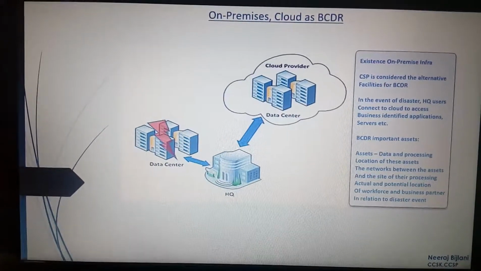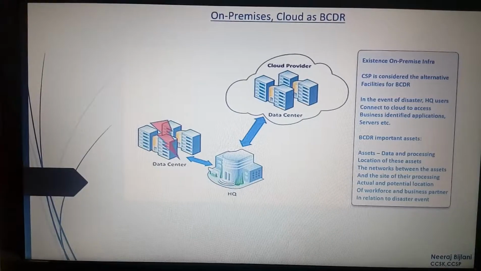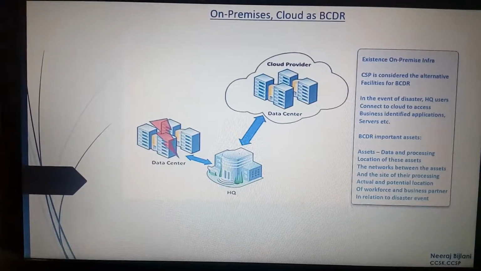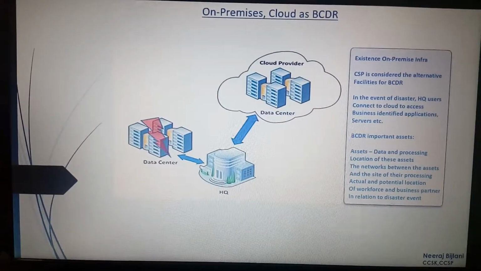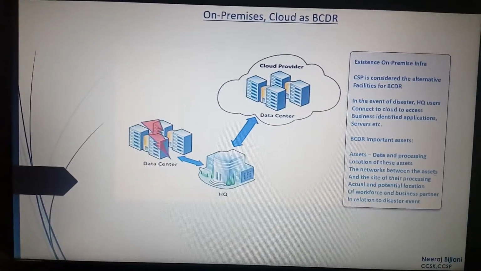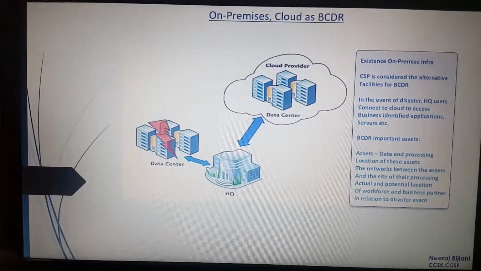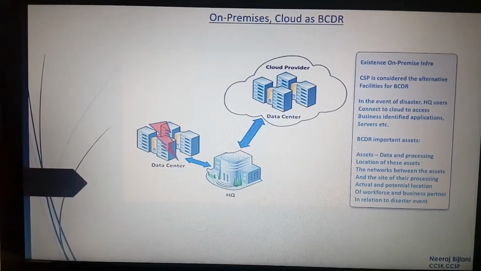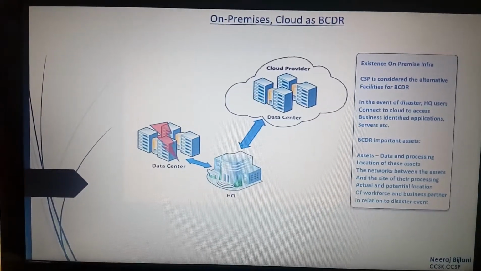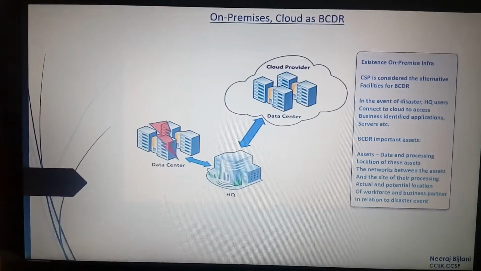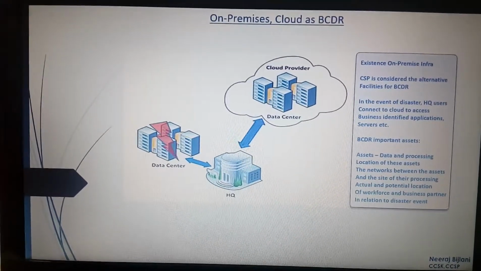In that case, if any disaster happens at the on-premise data center, the organization's headquarters and remote offices can still connect to the cloud from anywhere and run their critical applications and services to run business as usual in the case of disaster.